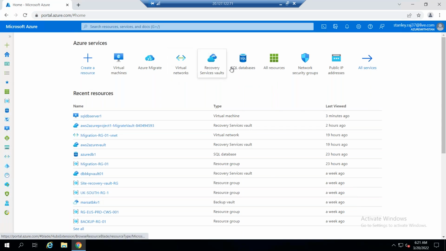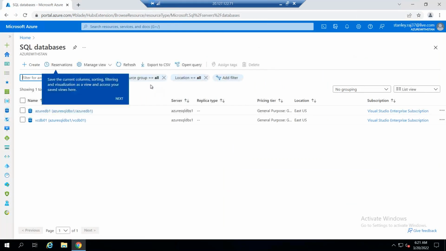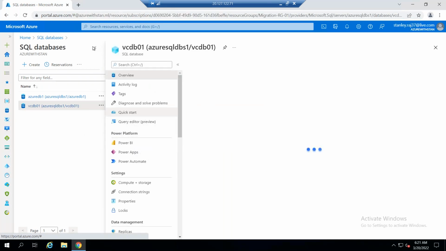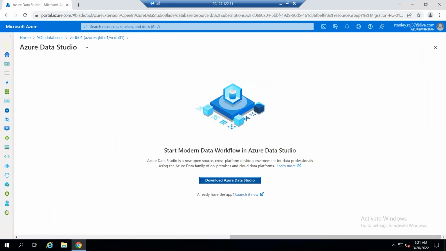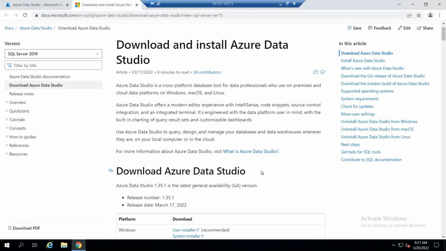Okay, so now I can go to the databases. Microsoft gives us the option to manage the databases in multiple ways, and one of the options is managing using Azure Data Studio, which is a very good, very powerful tool. You can use it for managing NoSQL DBs, all those things. So you get this option.